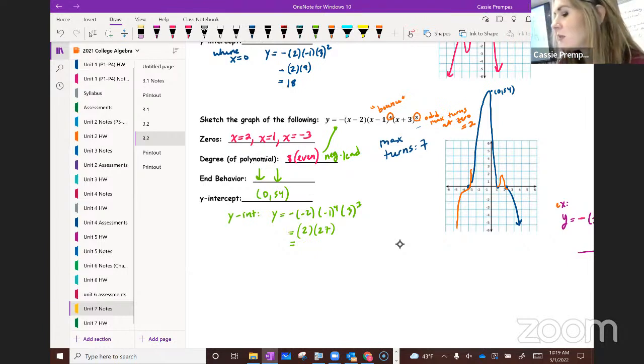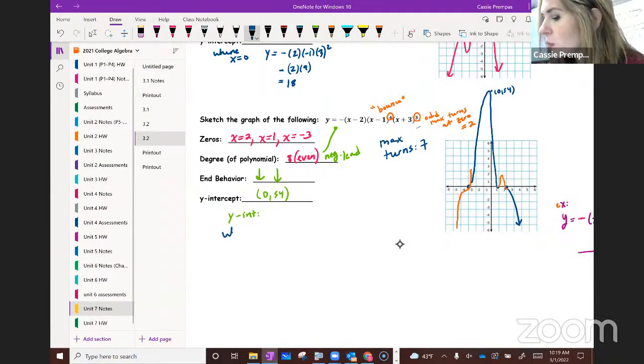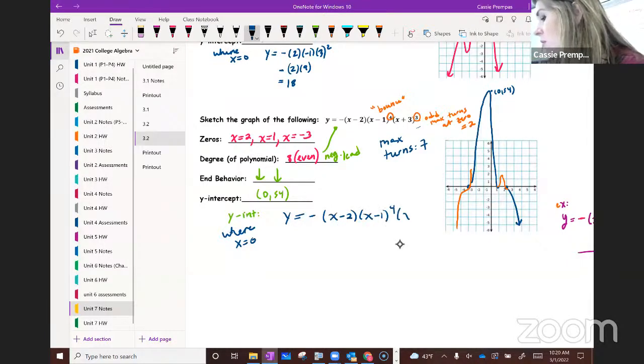I'm finding a little bit of confusion about the y-intercept, so I just want to talk about it a little bit more. The y-intercept is always where x equals 0. So if I'm looking at my equation, right now I have y equals the opposite of x minus 2 times x minus 1 to the 4th times quantity x plus 3 cubed.